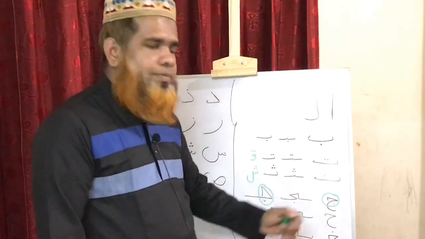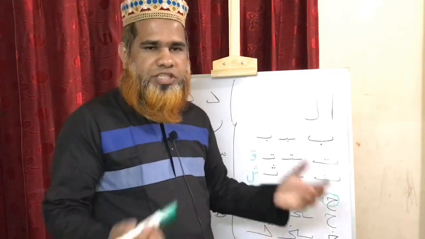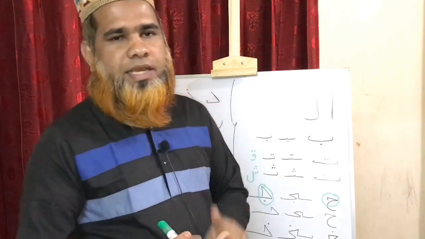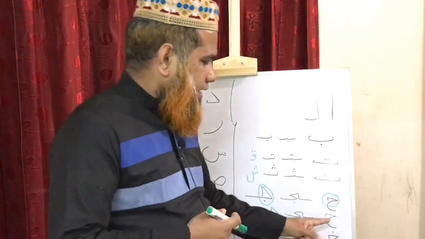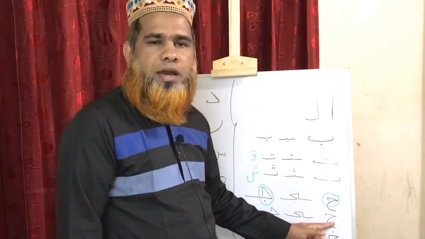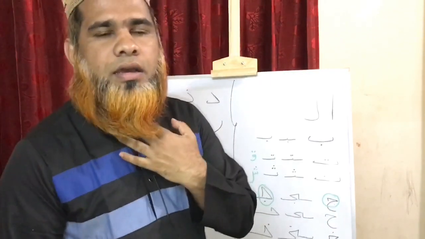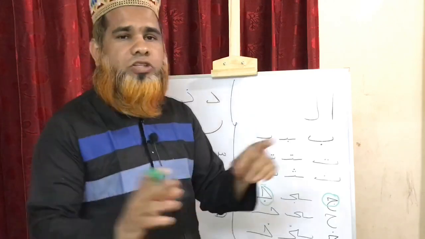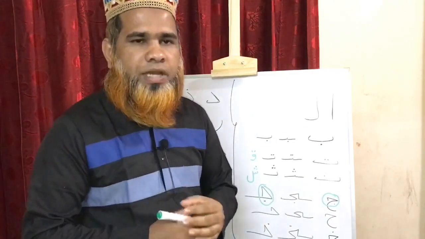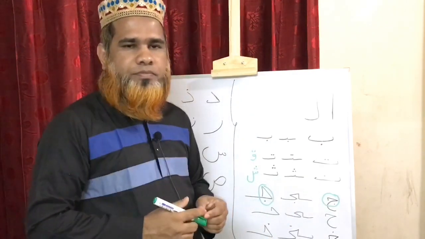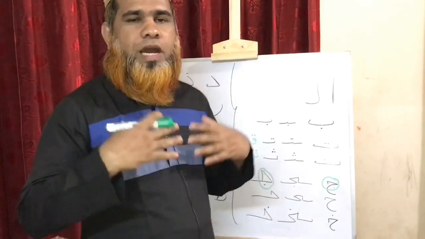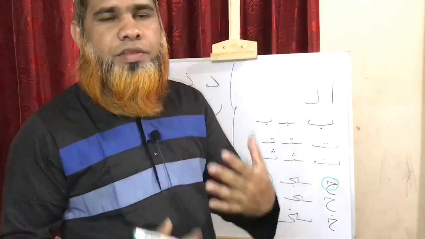That is quite similar to jim in its shape, but the difference is again the dot. The name of this letter is ha. It's not the English letter H, but is deeper than that. The sound comes from the middle of the throat.